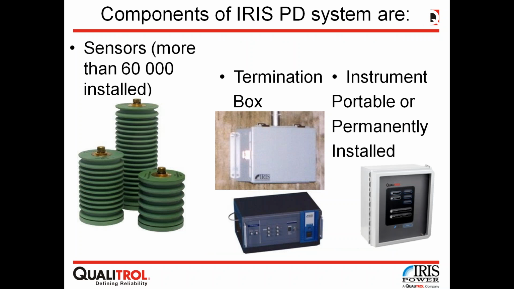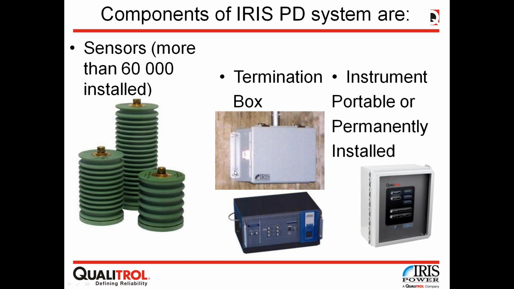In order to do that detection, as I mentioned, sensors are required. Typically that would be a capacitive sensor, and in the case of a 6.9 kV motor or lower, the smallest sensor in the picture will be used. In the case of motors rated higher than 6.9 kV, the 16 kV sensor will be used.